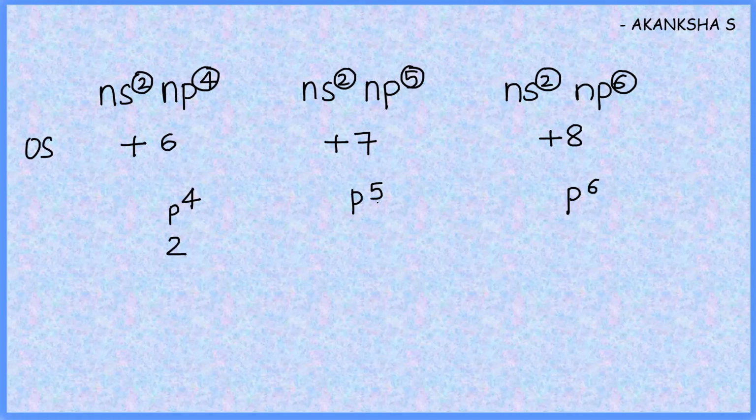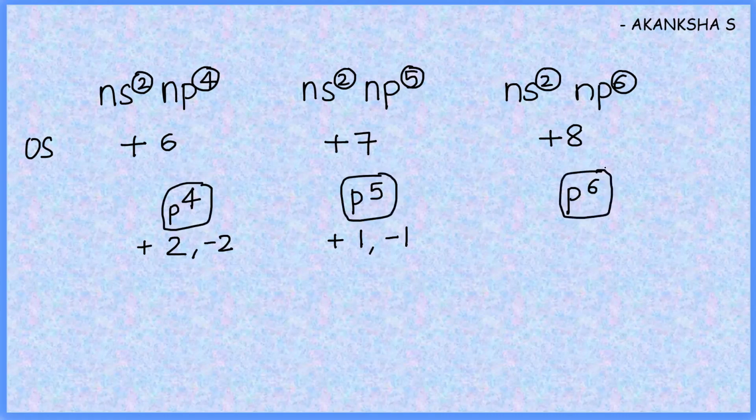How many less than 6? 1 less than 6. Okay, so there can be +2, +1, -1, +2, -2. This is another format of remembering. Again, I'll tell you these tactics I used to use when I was a student. I was preparing for competitive exams and I had to know the oxidation states on my fingertips.